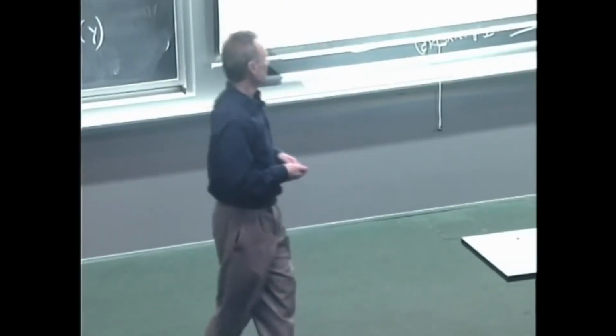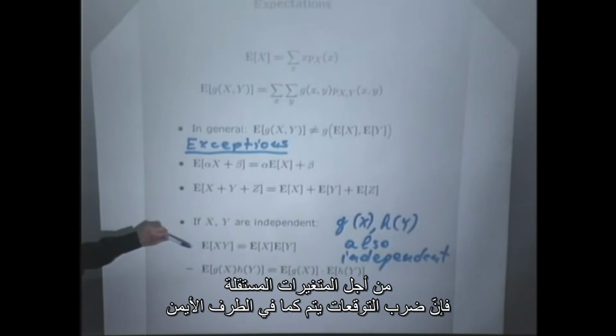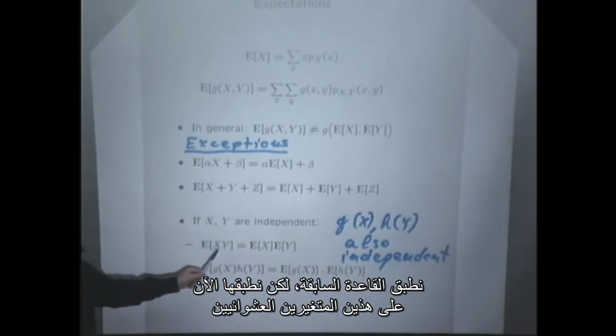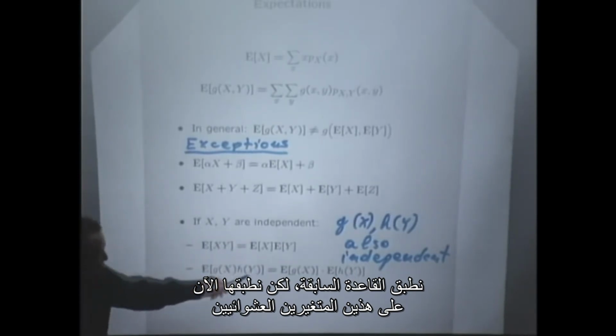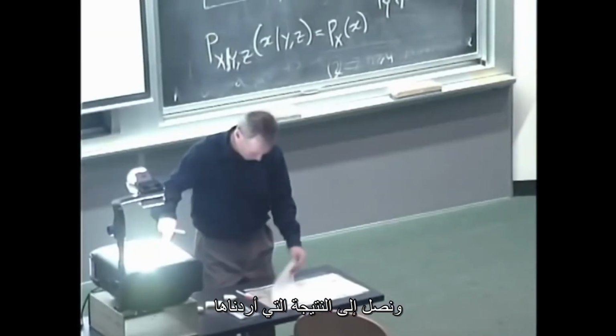That's the idea. And once we are convinced that g of x and h of y are independent, then we can apply our previous rule that for independent random variables, expectations multiply the right way. Apply the previous rule, but apply it now to these two independent random variables. And we get the conclusion that we wanted.